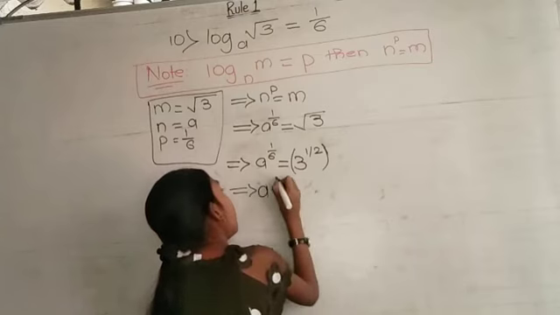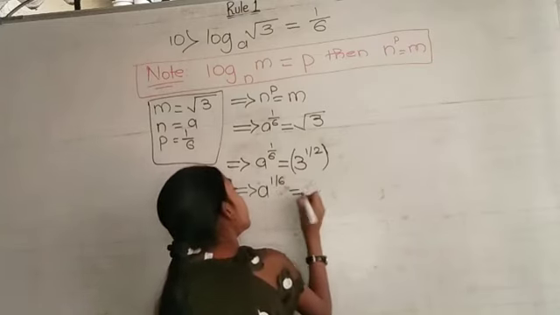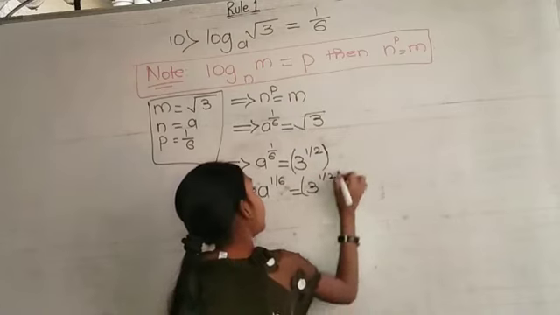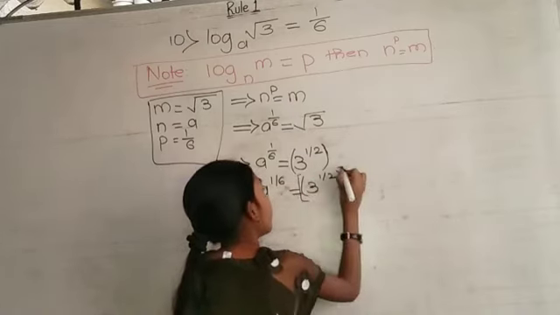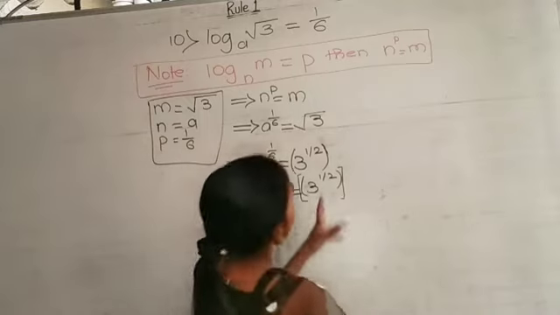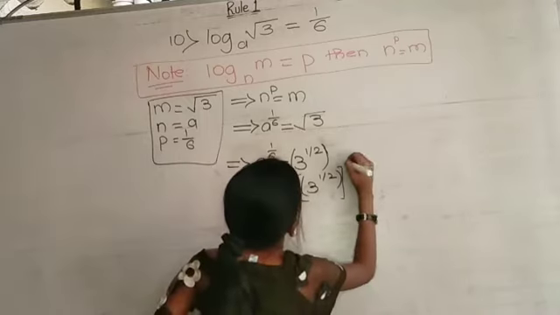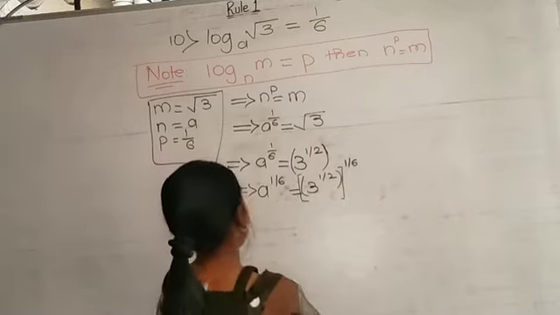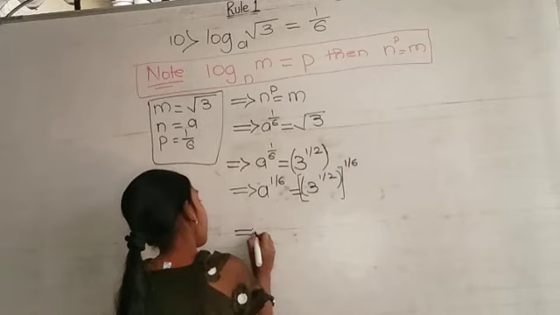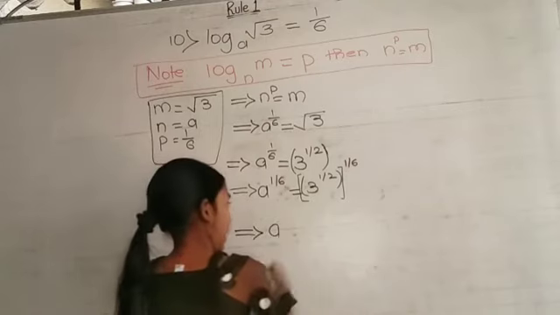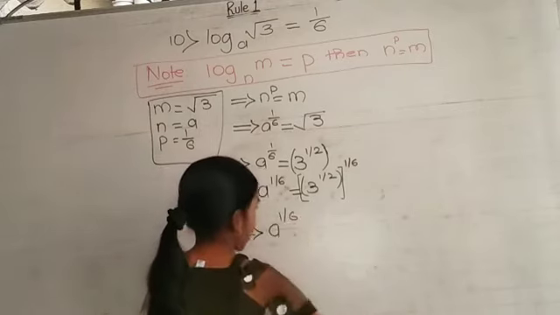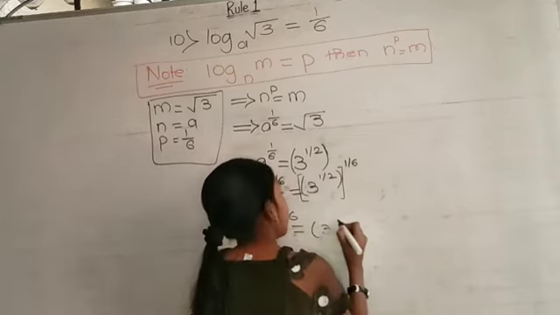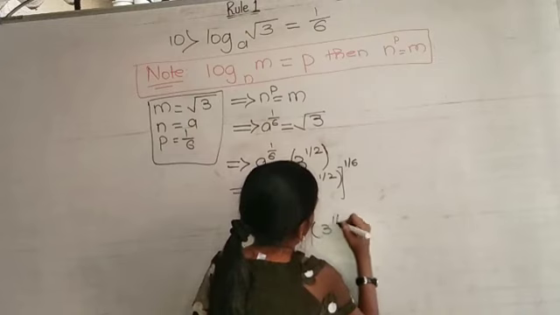So a raised to 1 upon 6 is equal to 3 raised to 1 upon 2.